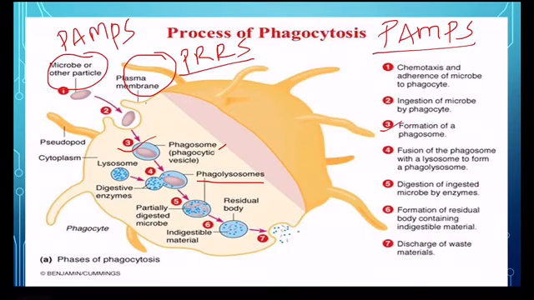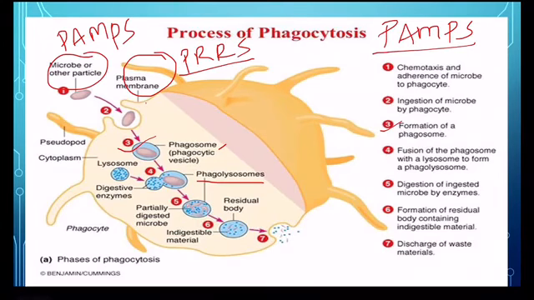Here in this phagolysosome, the pathogens or the foreign particles are killed. That killing follows two ways. One is by lipases, nucleases, and lysozymes, which are present in these lysosomes, that break it into fragments. They kill it.